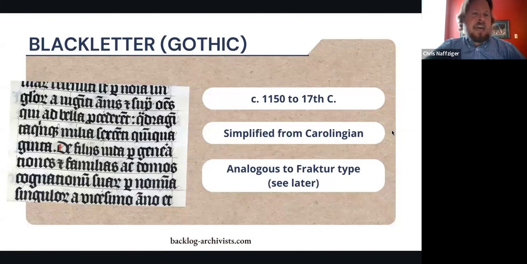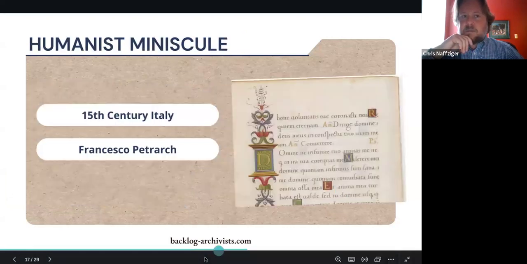There's not really a lot of extra little tails or anything on them for the most part. They're all very simple. All of the little crosses and so forth are very simple and very logical. And like I said, this is analogous to Fraktur type, which we'll see in a little bit. All right, Emma, next, please.